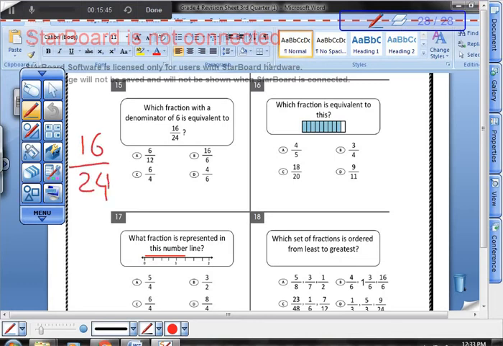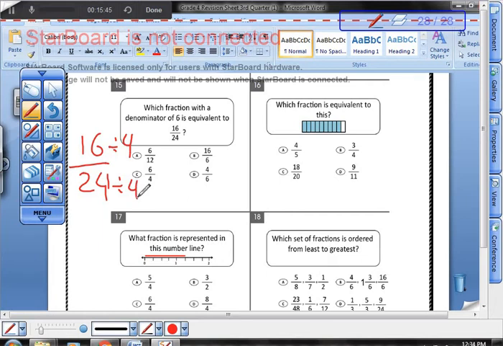What is the common factor between 16 and 24? Can we divide up and down by both of them? Even numbers, multiples of which number? We can divide by 4 up and down.